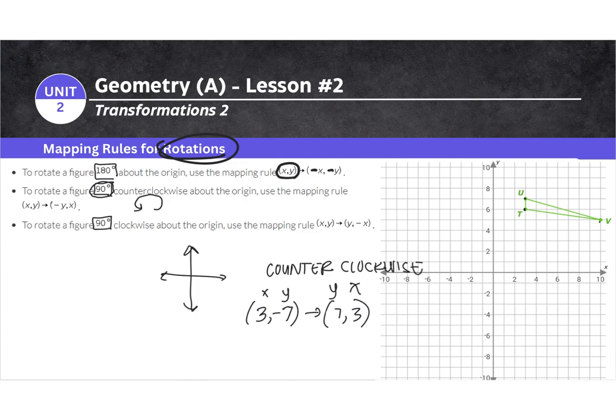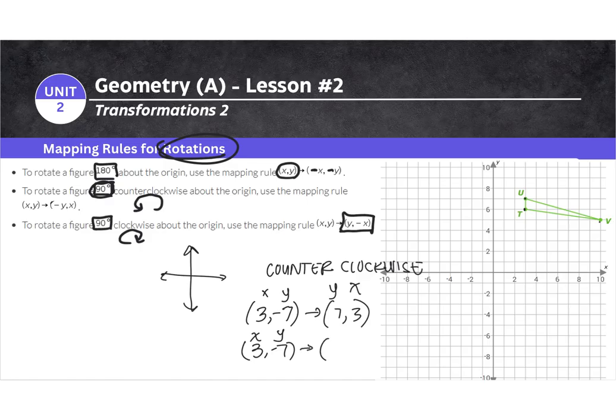And then finally, last but not least, if we were to rotate a figure 90 degrees clockwise, right? So that is going the normal direction of a clock to the right. You would take the given point, flip it, and then make the X value the opposite sign. So I'm going to go ahead and use this same point here. So let's say our given point is 3, -7.